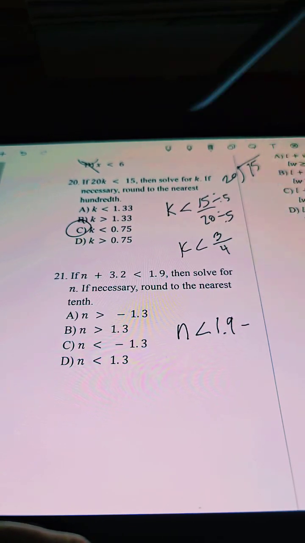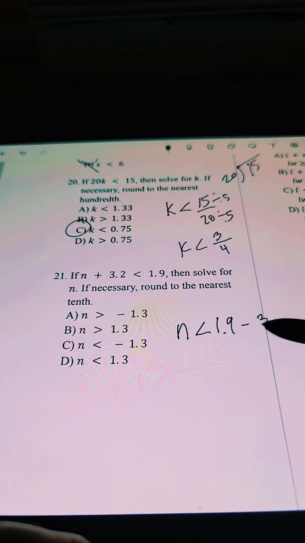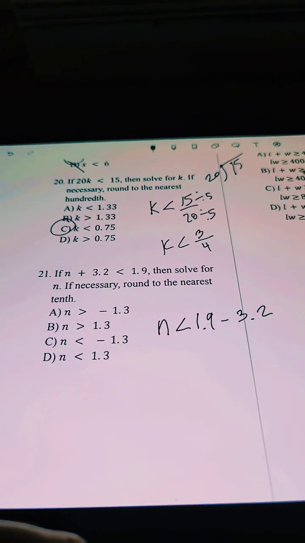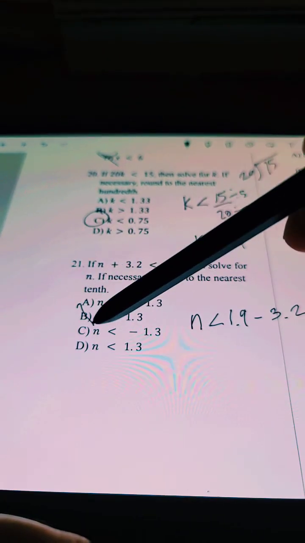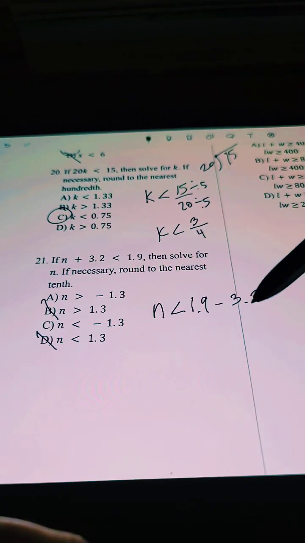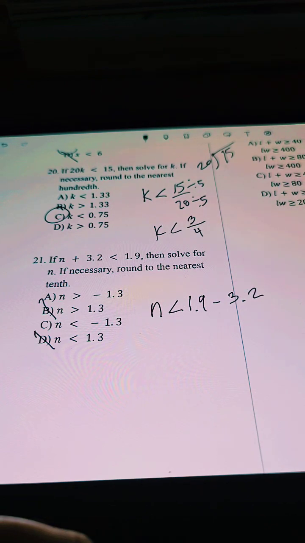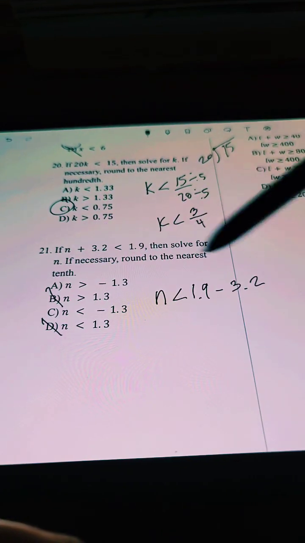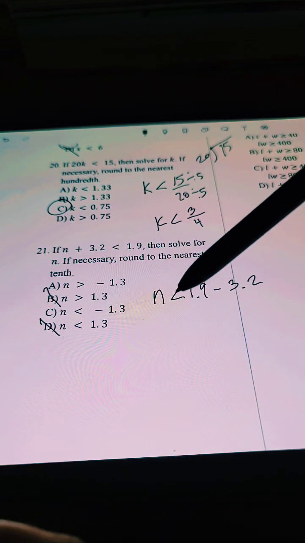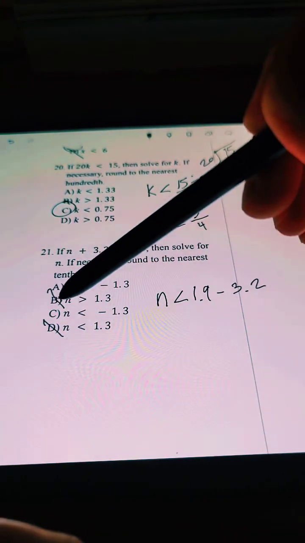I write my 3 so bad on here. So obviously that's going to be a negative. For a lot of these, you don't even need to actually do the calculations. That's obviously going to be a negative because you're subtracting a larger value from a positive value. And then we know that the sign didn't change direction, so it has to be C.